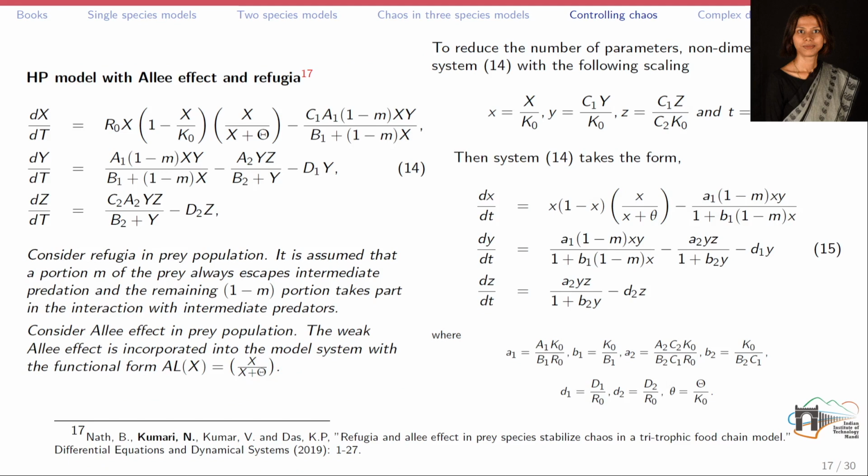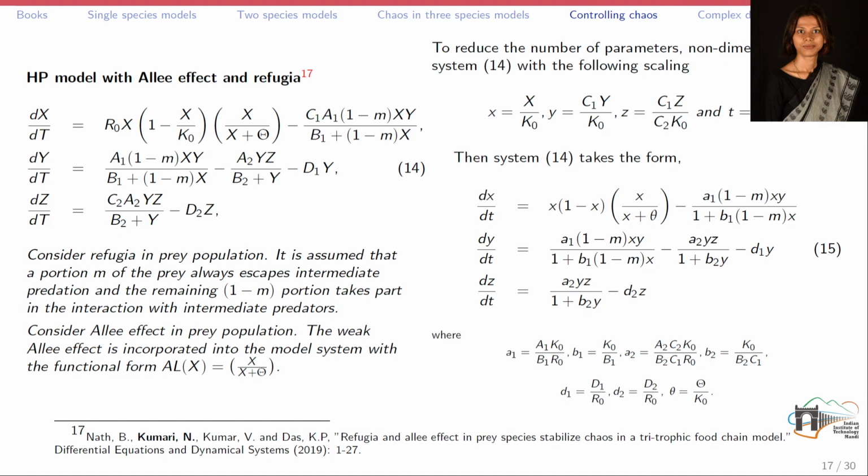Now this is one of the works that we have done, and it is very interesting because this particular problem opens up another dimension of studying these ecological models in the literature. As I was mentioning earlier, one of the major goals of studying an ecological model is understanding the dynamics of that particular model.